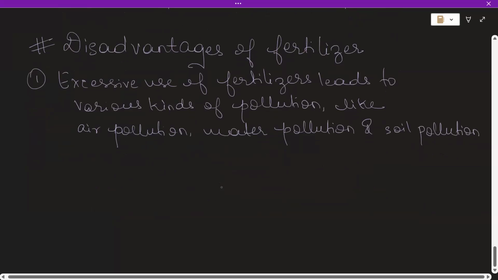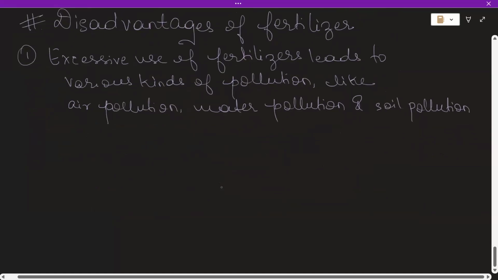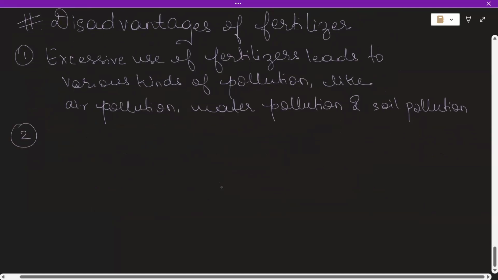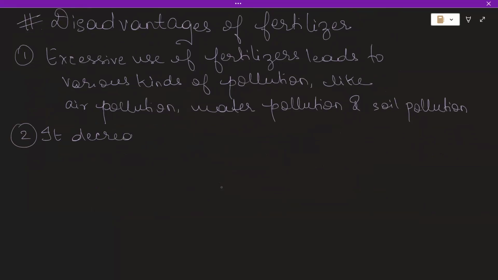If it is continuously used, it decreases the soil fertility upon overuse.